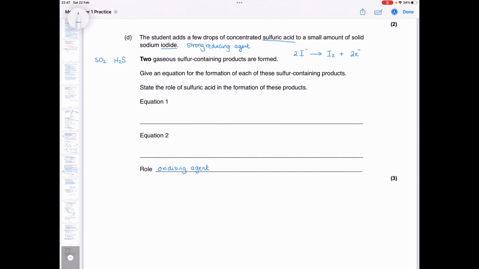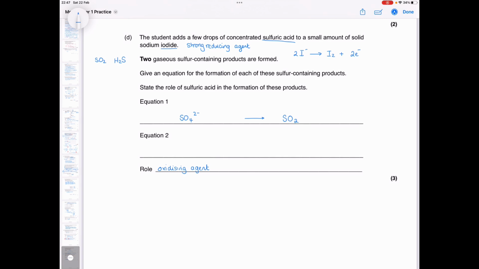And so in equation 1 we're going to go from SO4 2 minus, where the sulfur is in its +6 oxidation state, to SO2, where the sulfur is in its +4 oxidation state.